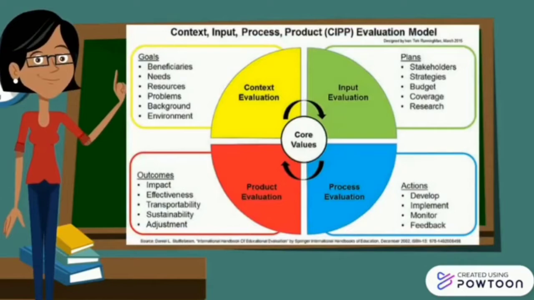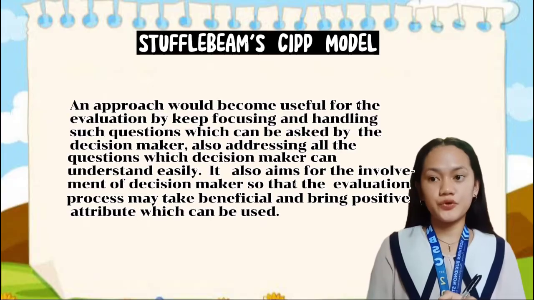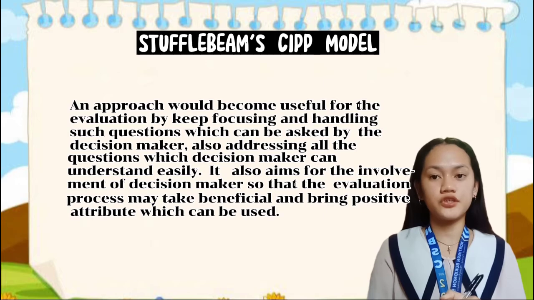Next to context is the input evaluation, which covers the plans, such as stakeholders, strategies, budget, coverage, and research. Next to input evaluation is the process evaluation. Under it are the actions that include develop, implement, monitor, and feedback. And the last one is the product evaluation, the outcomes that include impact, effectiveness, transportability, sustainability, and adjustment.